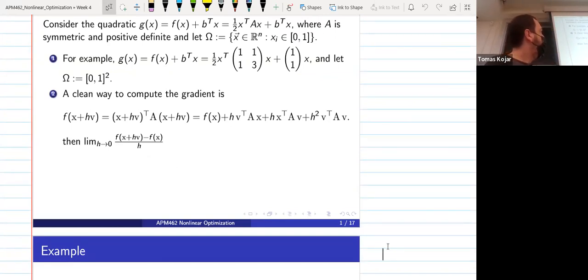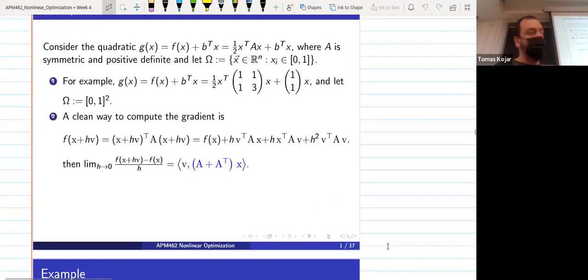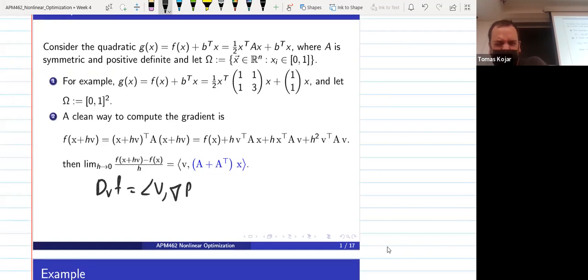Yes, so we did this last time, and this is a trick because we know that the directional derivative satisfies the formula D_v f equals v times the gradient of f. So this is easy to compute. This can be annoying to get in closed form.